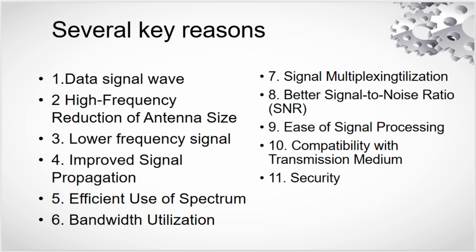Adaptive modulation: modern communication systems can adapt the modulation scheme based on the channel condition, optimizing the balance between data rate and reliability.